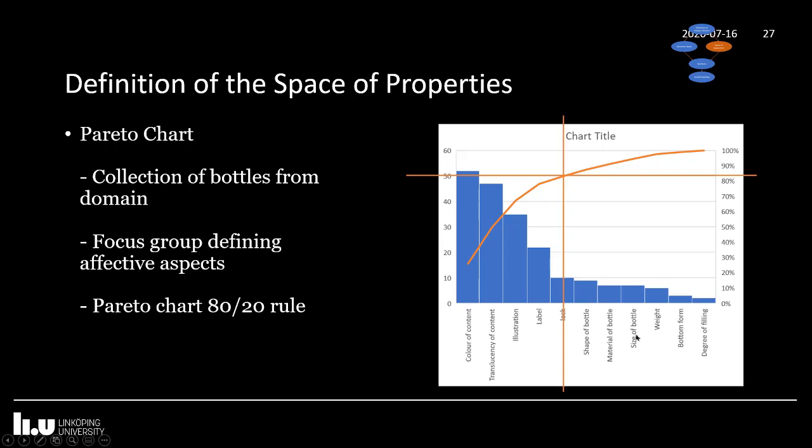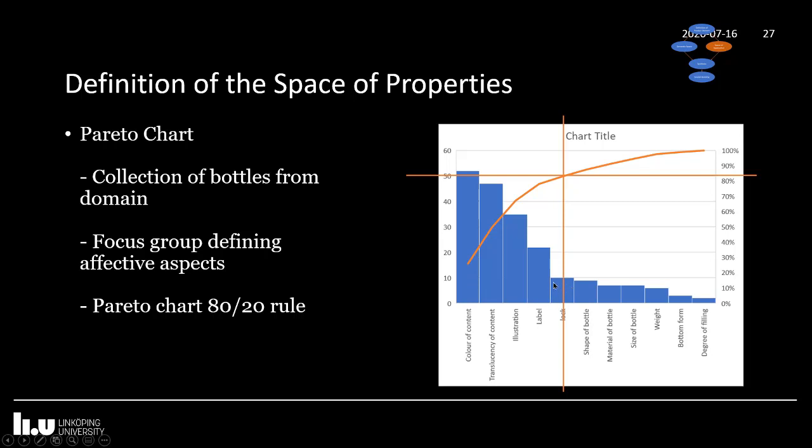It does not mean that those other things are less important, but those things are less considered when you're looking at bottles for fizzy drinks. So the color, the translucency, the illustration, and the label are the most important.